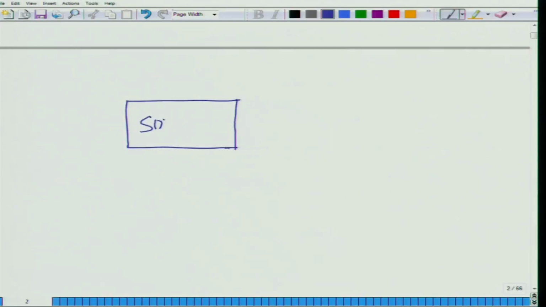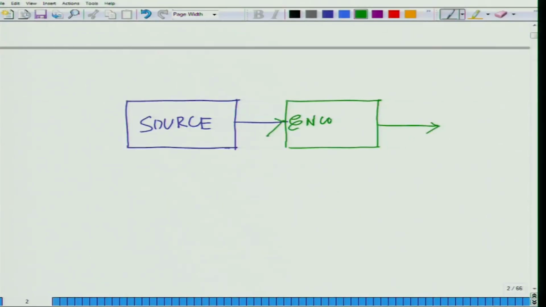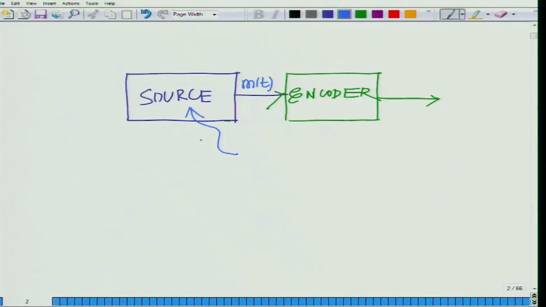In every digital communication system, we have a source, and the source produces message signals which are led to an encoder.